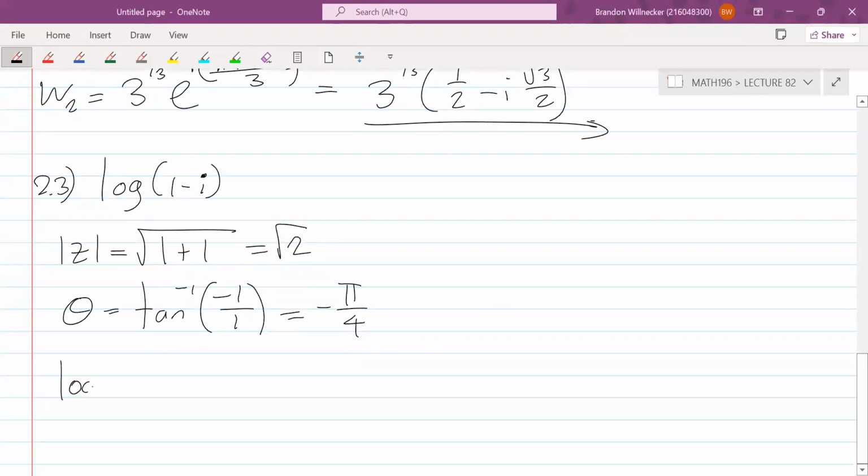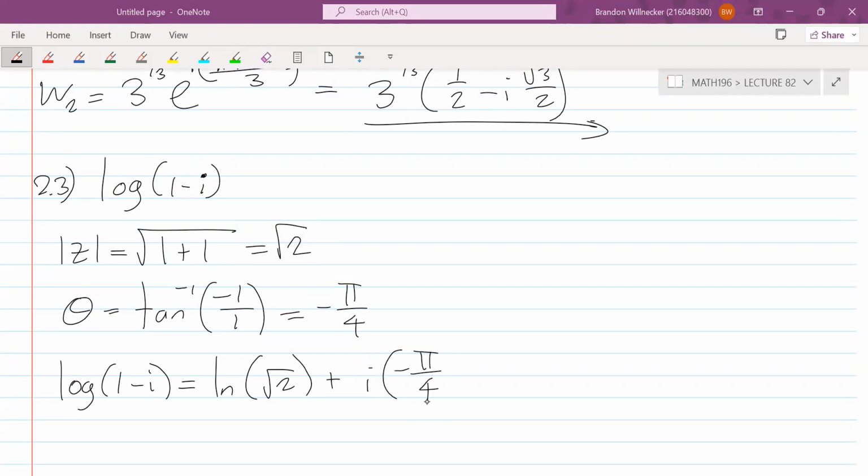So log of 1 minus i is going to be the natural log of the magnitude, because the magnitude is always a positive real number. So natural log of root 2 plus i times the phase. So that's minus π over 4. And remember that the log of a complex number is a multi-valued function.